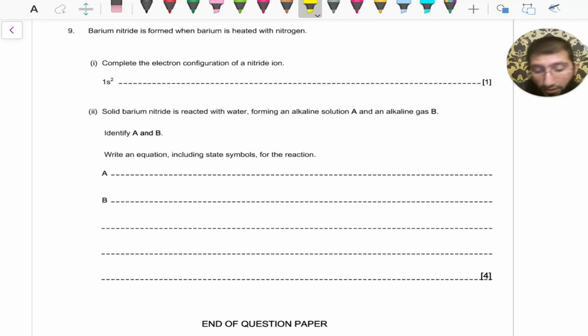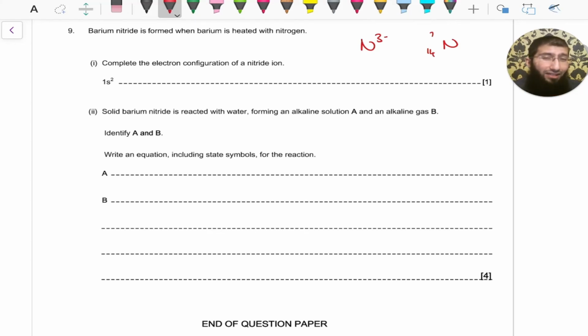Now, nitrogen is in group 5 of the periodic table, meaning it has 5 valence electrons in the outer shell. So for nitrogen to have a full outer shell, it's got to gain 3 more electrons. So the formula of nitride must be N3-. So if we have a look in the periodic table, nitrogen is actually shown as 7 and 14.